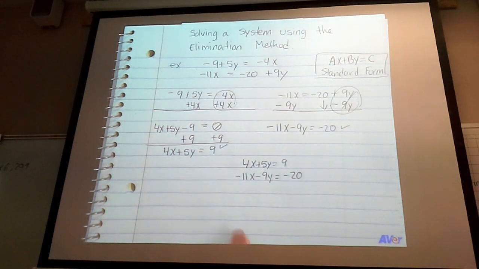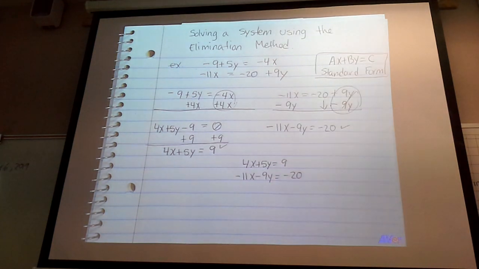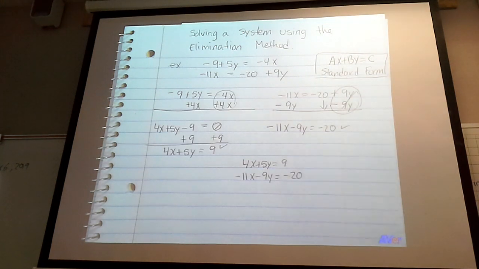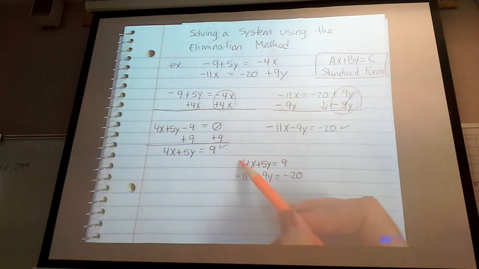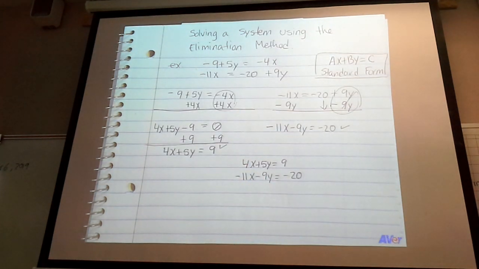Now, once I have this, my goal is to have the same number, opposite signs, in front of the same variable. So you have to choose which one you want to eliminate. In this case, I'm going to choose x. I already have a positive and a negative. So I need to just multiply a number here to turn that into the least common multiple.